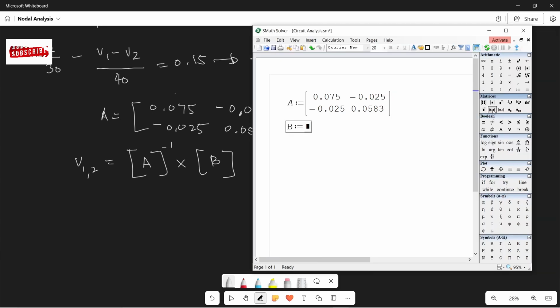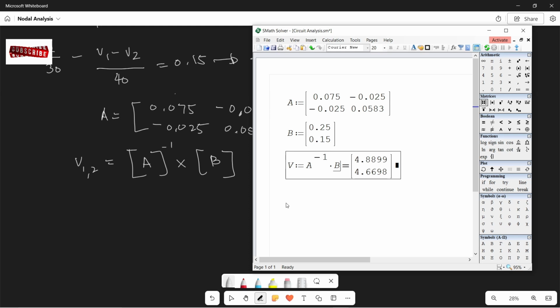Matrix B is a 2x1 matrix, 2 rows 1 column: 0.25 and 0.15. Then B12 equals the inverse of matrix A, so A to the -1, times the matrix B. When we press equals, the voltages will be 4.8899 and 4.6698.